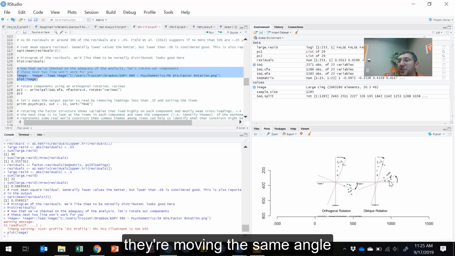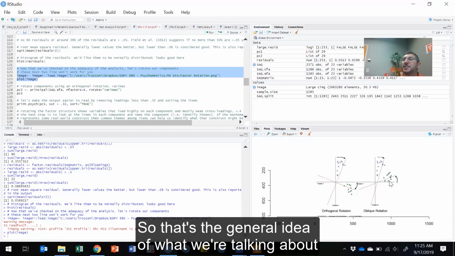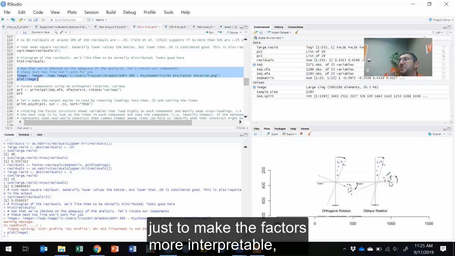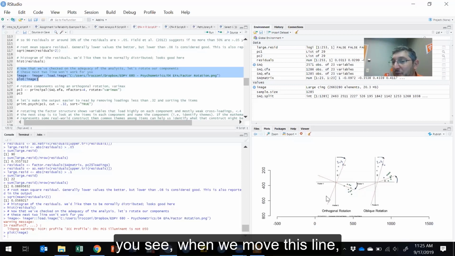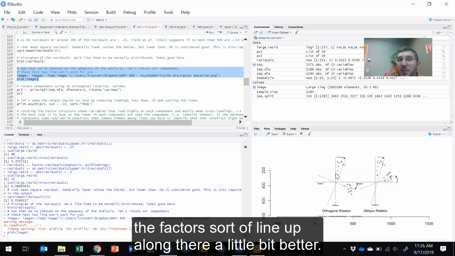They're moving the same angle, but they're going towards each other. So that's the general idea of what we're talking about when we rotate our factor solution. We're basically doing a rotation just to make the factors more interpretable. You see when we move this line, the factors sort of line up along there a little bit better.